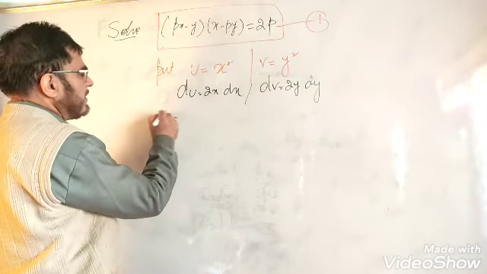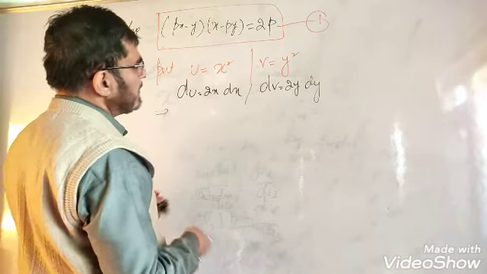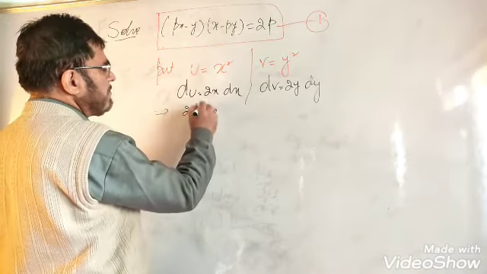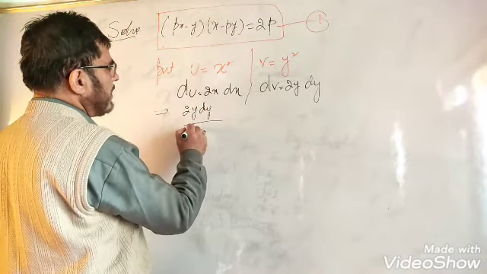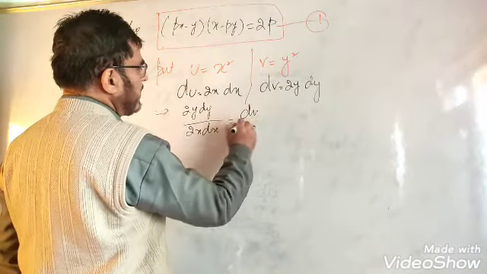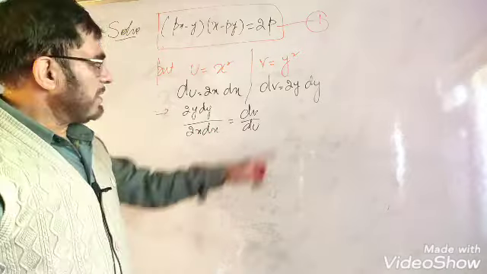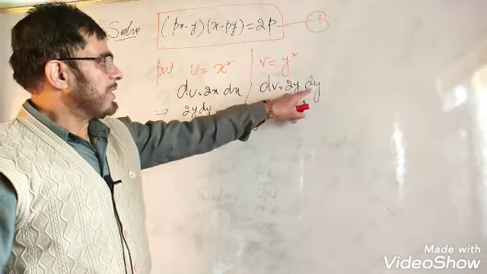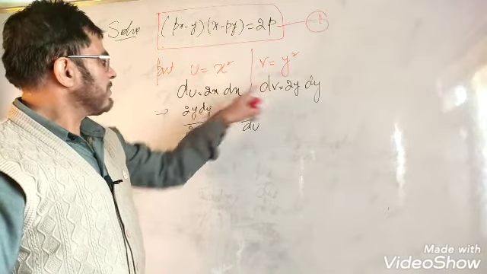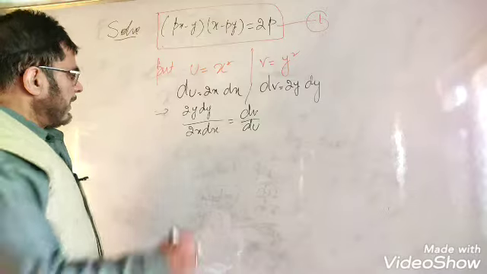Now divide the two, corresponding sides. This gives 2y dy by 2x dx is dv by du. What I did here is divide 2y dy by 2x dx.